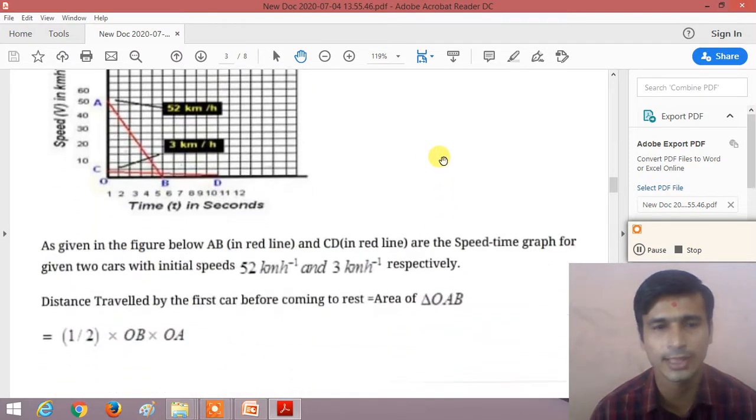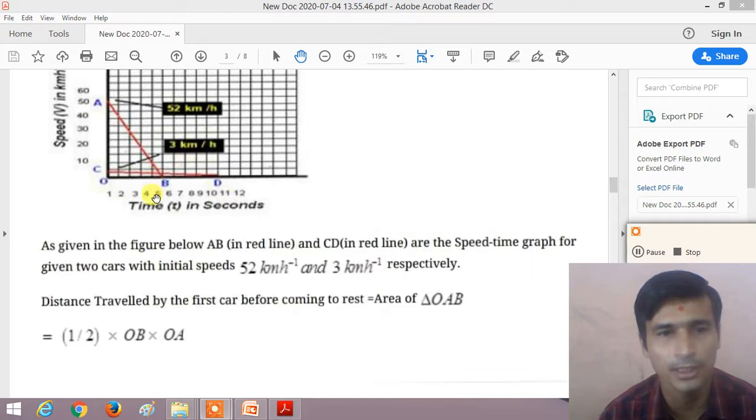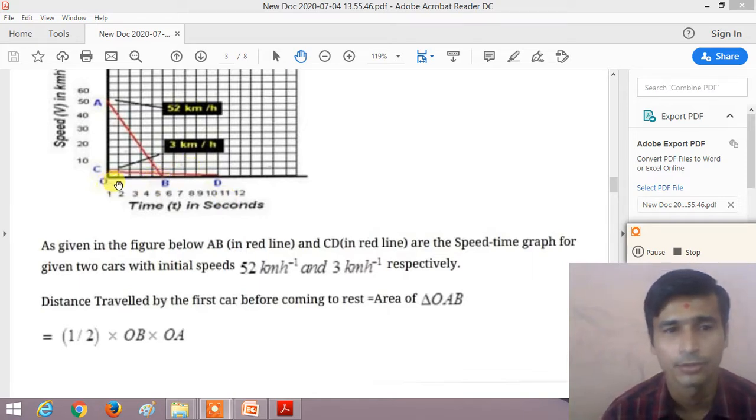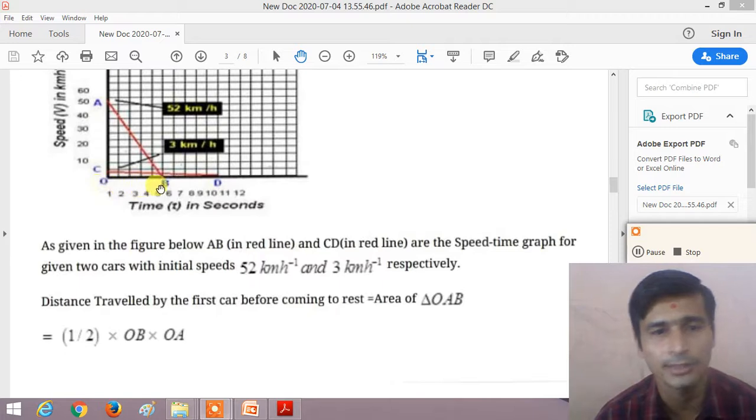So the distance traveled by the first car before coming to rest is the area of triangle OAB. It is equal to 1/2 into base OB and height OA. So what is the value of OB here? Here B is at 5 seconds and O is at 0, so OB is 5.